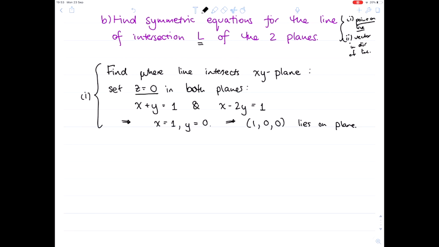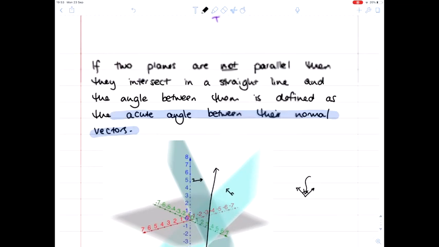So now we want to find a vector in the direction of the line. And here it's worth thinking about what our line looks like in terms of our two planes.